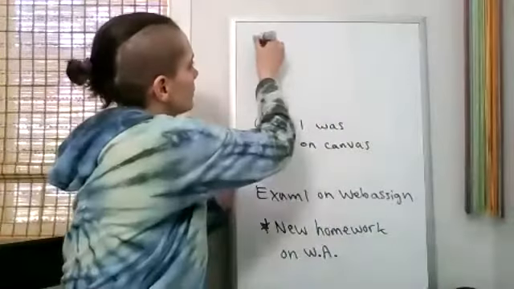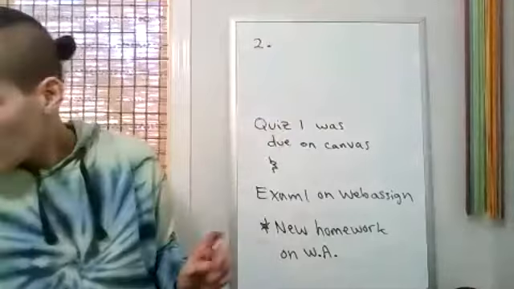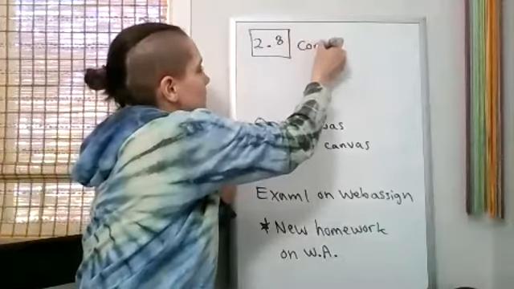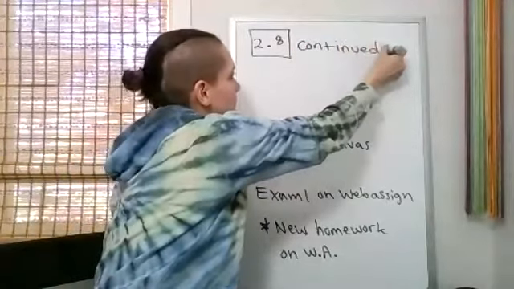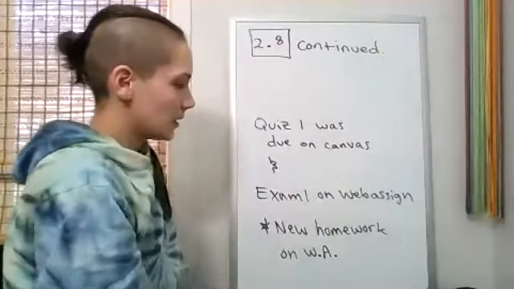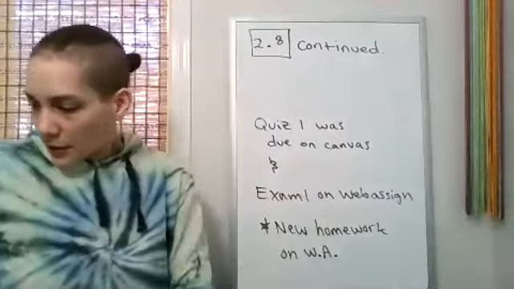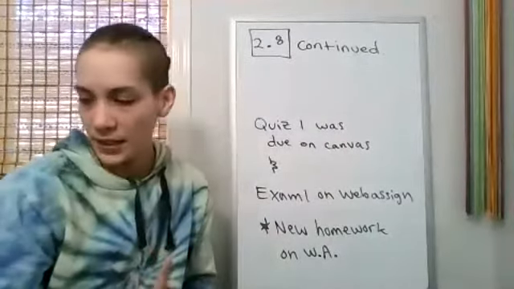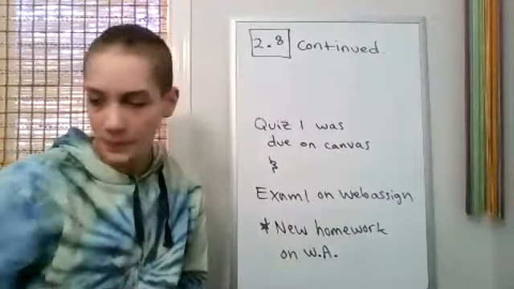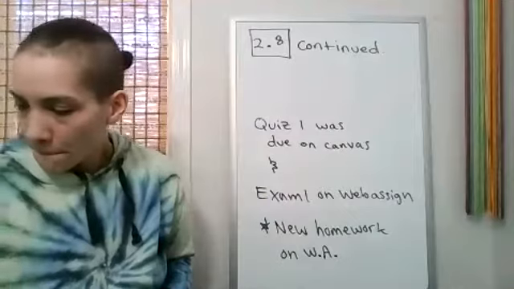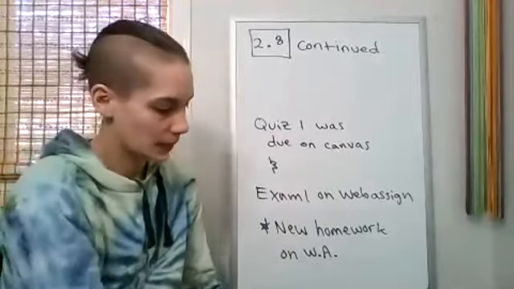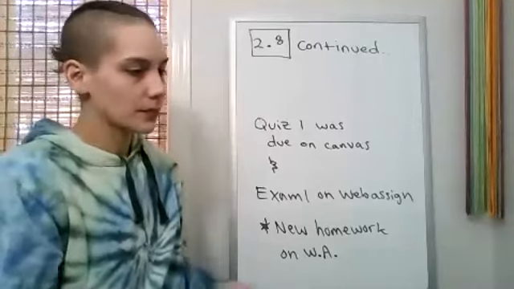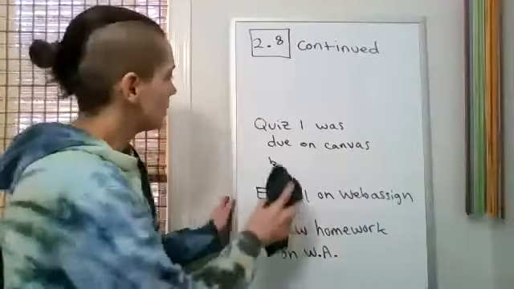It's 2.8. We were talking about a function being differentiable, and I want to list some places where a function is not differentiable. We'll go through one specific one.